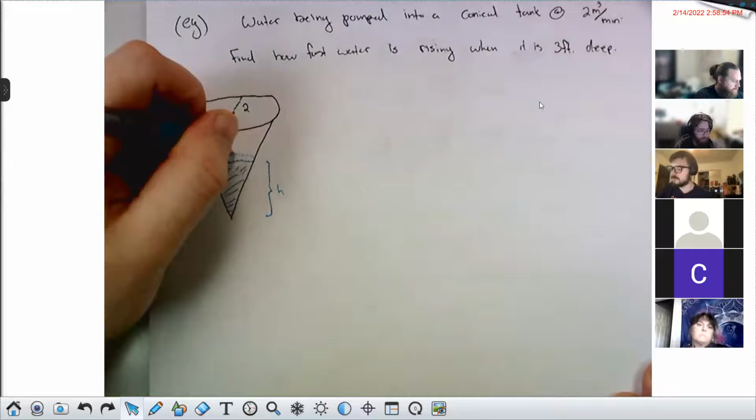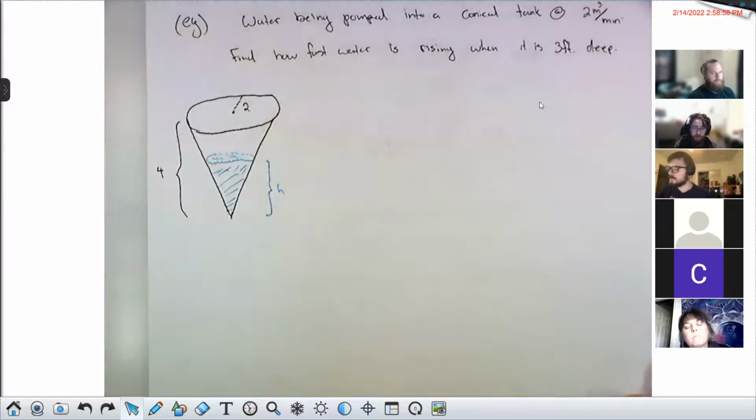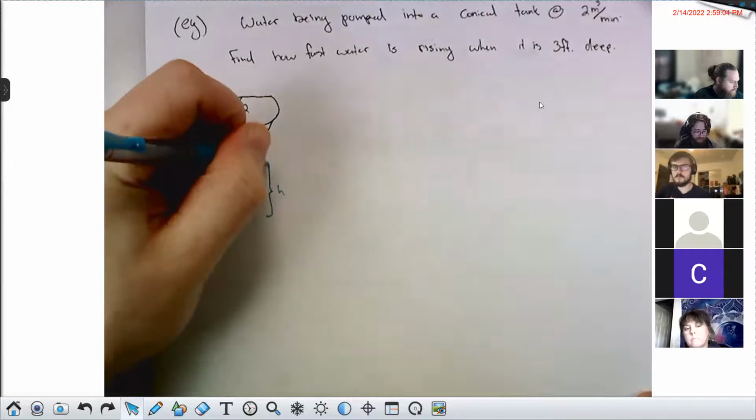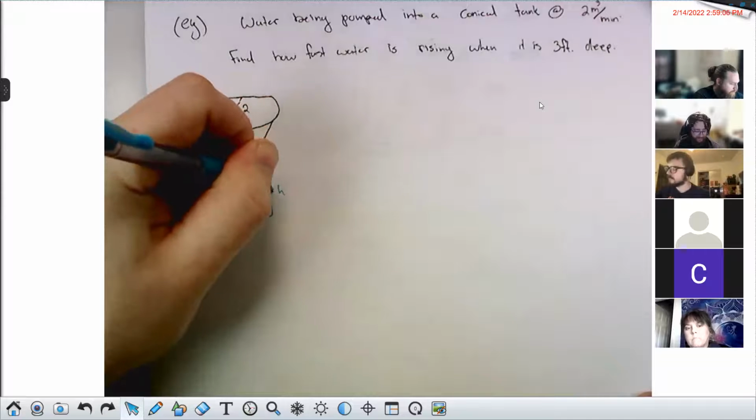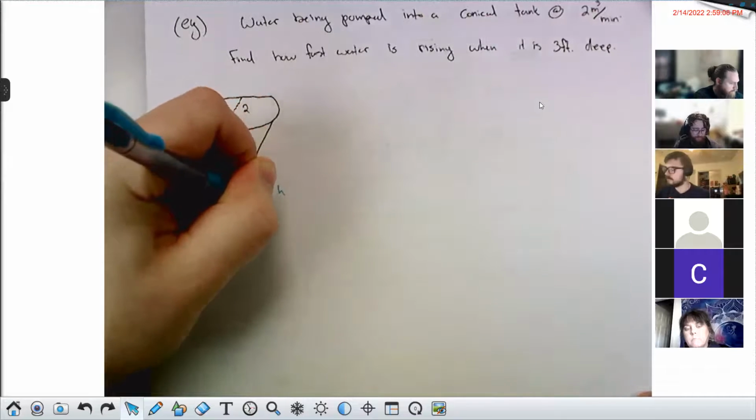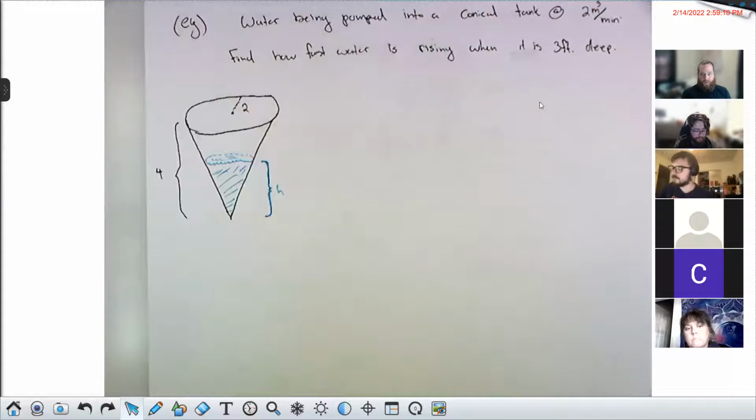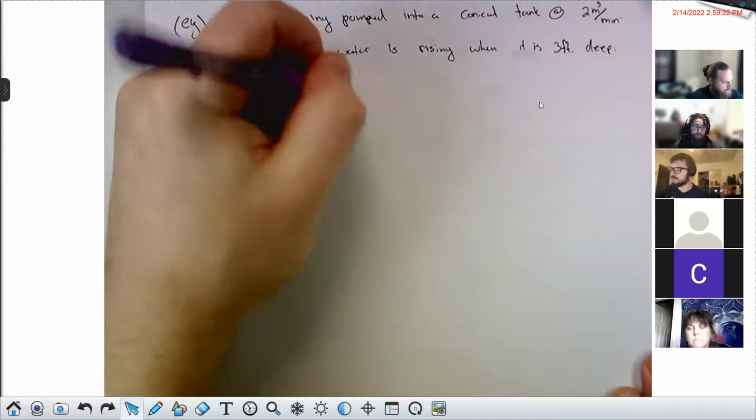And there's a lot of symmetry here, right? Like the surface of the water is also going to be a little circle in there. I want to know how fast the water is rising. In other words, how fast H is increasing at the moment when H is equal to 3. So this gives us our want.